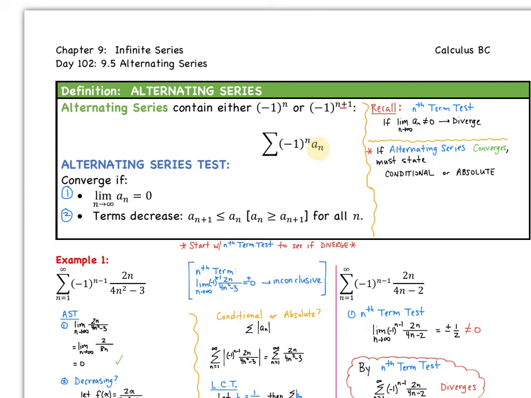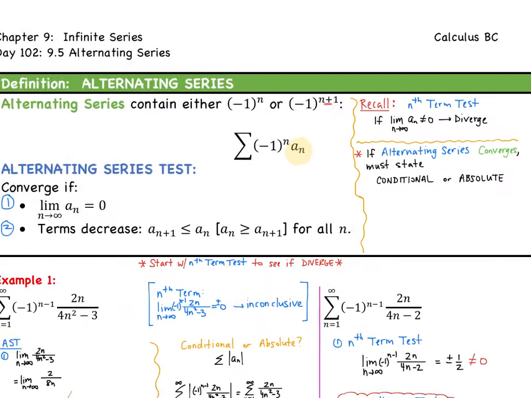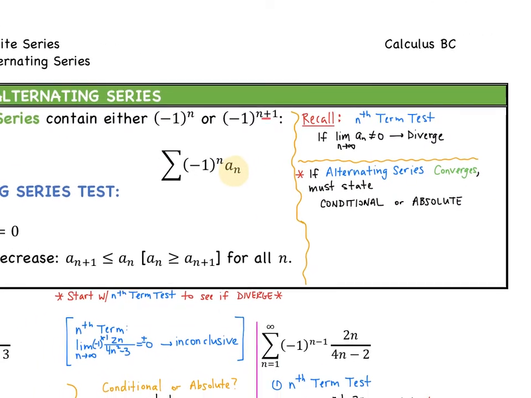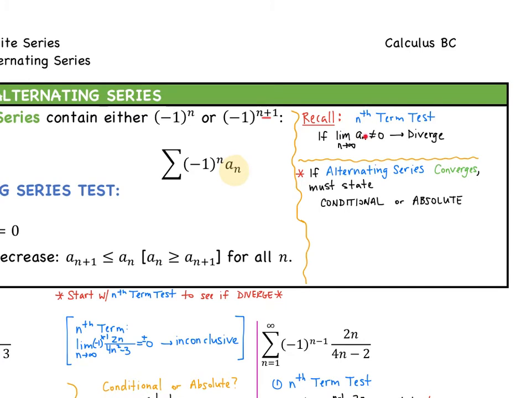Now, before we apply the alternating series test, remember that nth term test, okay? So our nth term test is we're taking the limit of that sequence. Now the nth term test does include this (-1)^n, or that alternating portion, if we have an alternating series. If it doesn't equal 0, it diverges.